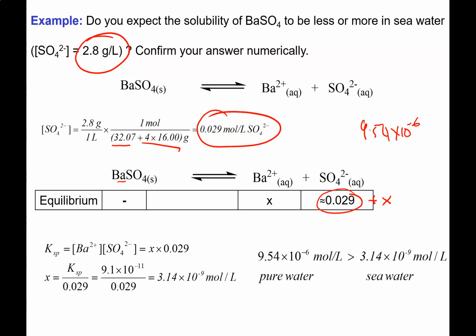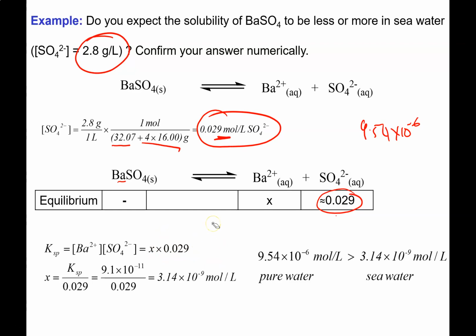So I'm just not worried about the little bit extra that's going to come along from the barium sulfate dissolving. I've just left my sulfate ion concentration at equilibrium as being just 0.029. You could expand that out and get an exact answer, but it's really not going to help you.